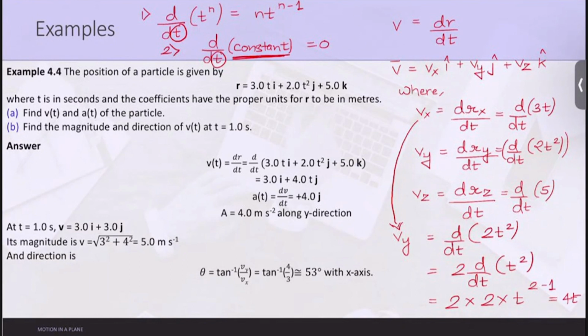Okay, so we got Vx as 3, we got Vy as 4t, and because this is a constant, Vz would be equal to 0. So I hope you got how we got v of t is equal to dr by dt, and we differentiated it and got 3i plus 4tj.